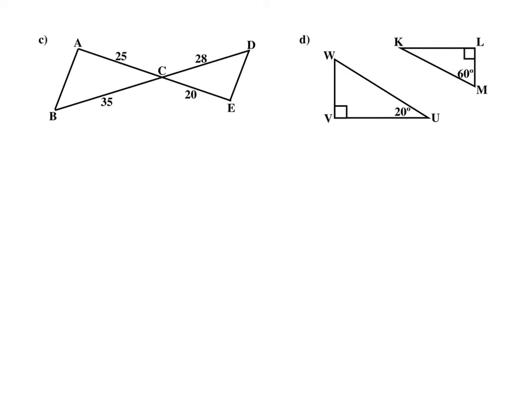For the next one, I have vertical angles here. Now let's come up with a ratio. You have to be careful with which sides you select. Between these two, which one's smaller? The 25. Between these two, which one's smaller? The 20. This reduces to 5/4.